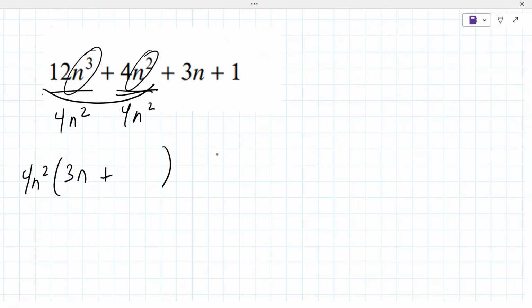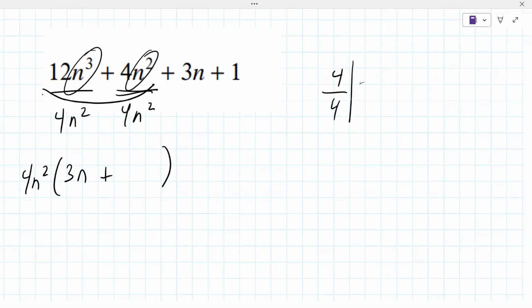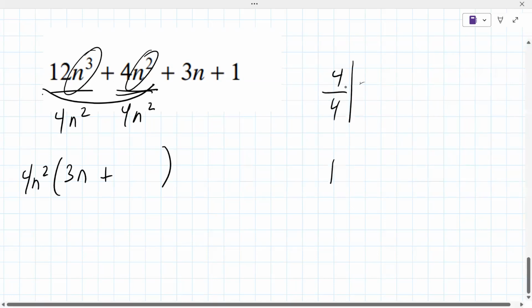So what is 4 divided by 4? 1. So what is x divided by x?